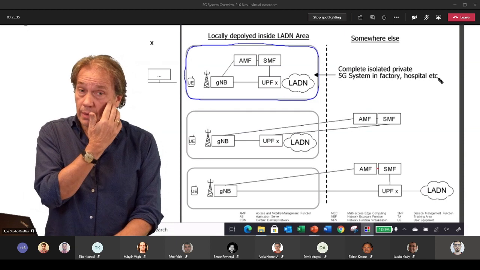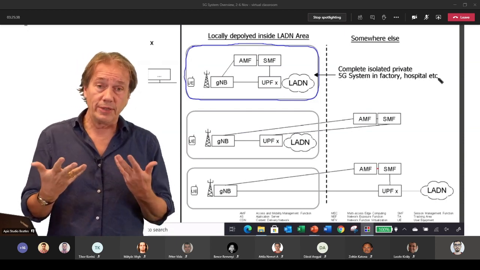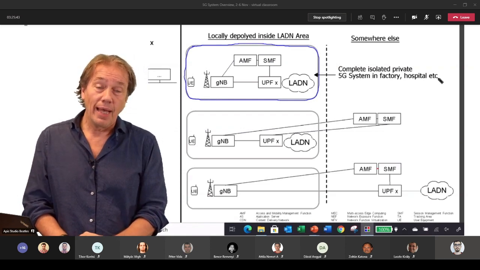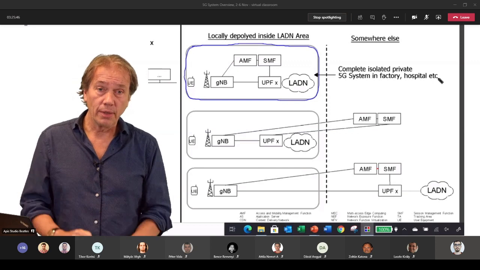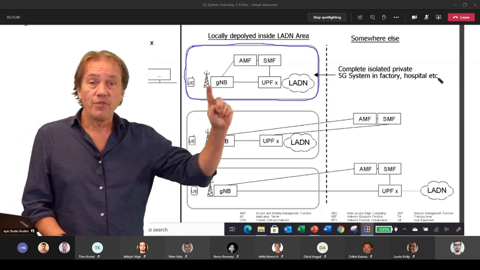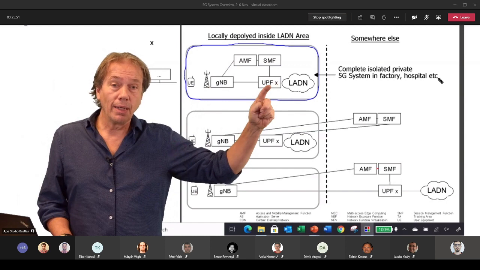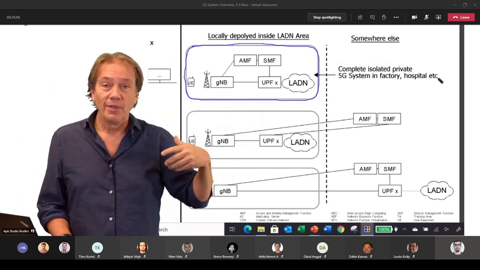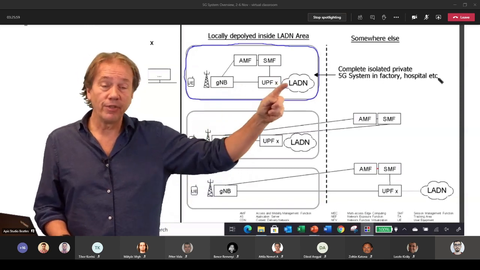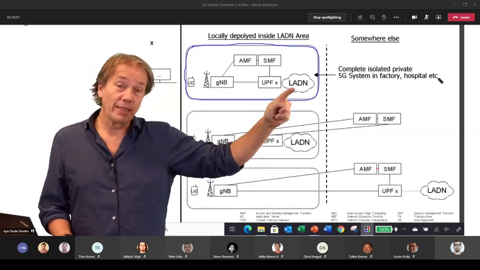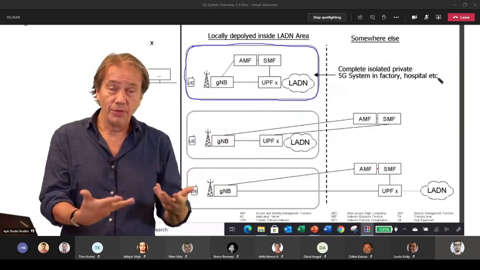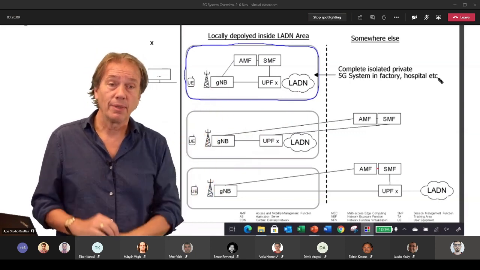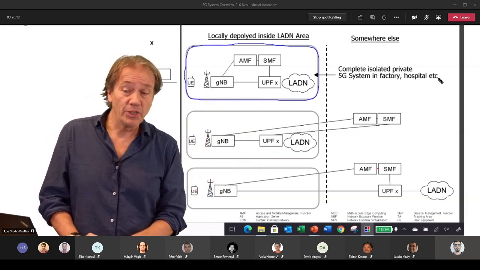And this is a combination of a local area data network and edge computing, because if everything is local, the UPF is close to the UEs and the G-Node Bs, and if we also have the data network itself geographically, physically close to the UEs, I mean that's the meaning of edge computing.